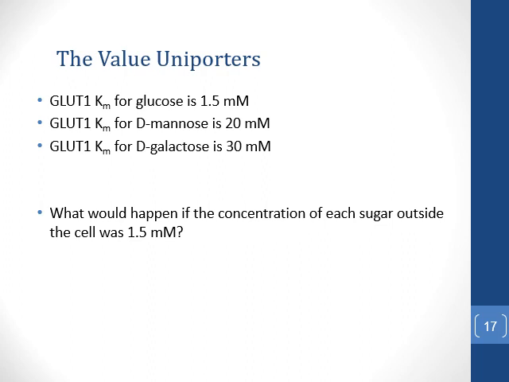Now notice that its Km for glucose is 1.5 millimolar. Its Km for mannose is 20 millimolar. Its Km for galactose is 30 millimolar. Now what does that mean? So for which of these sugars does it have the highest affinity? It has the highest affinity for glucose.